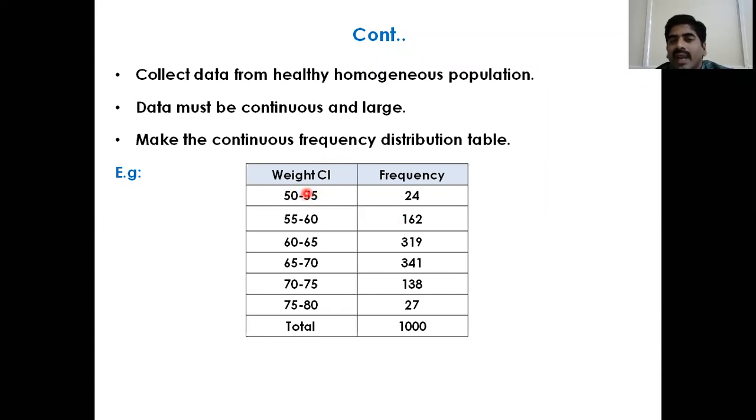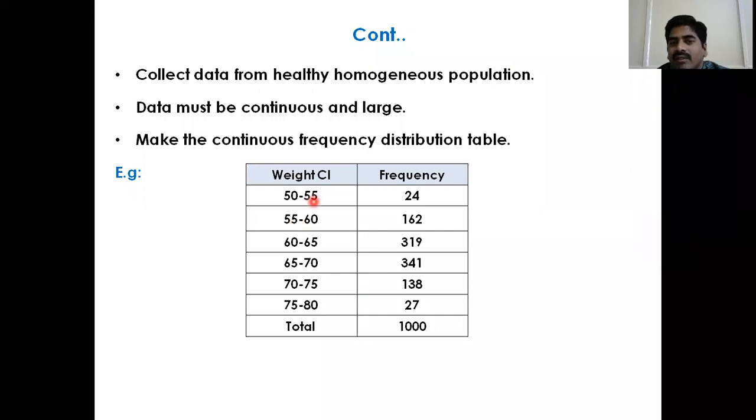Suppose the first interval ends with 55 and the next starts with 56, then where will you include 55.5 kg? It ends with 55 and the next starts with 56, so you cannot include 55.5 kg.